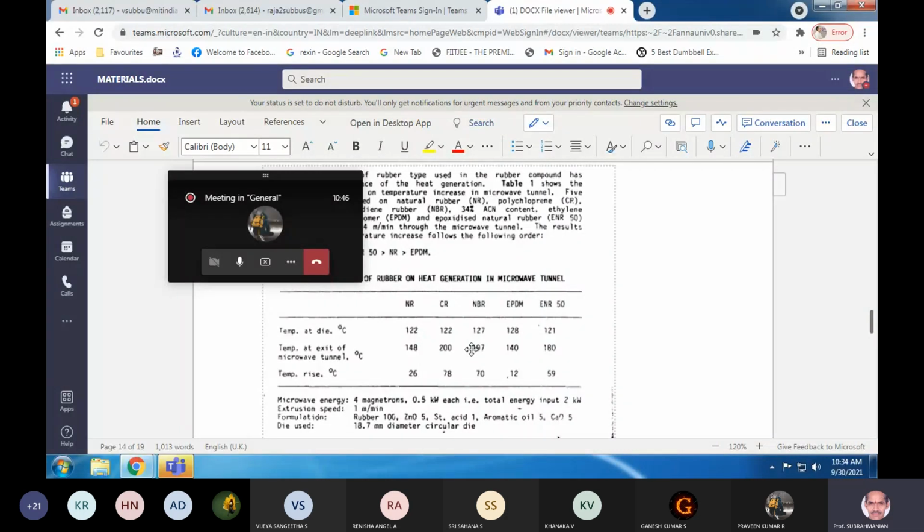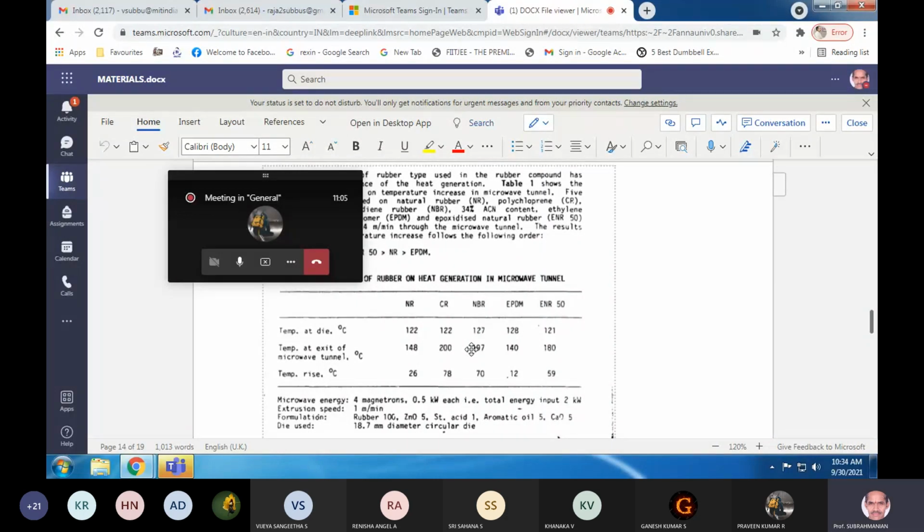In order to effectively make use of this volumetric heating, in addition to the base polymer, fillers should also be chosen appropriately.